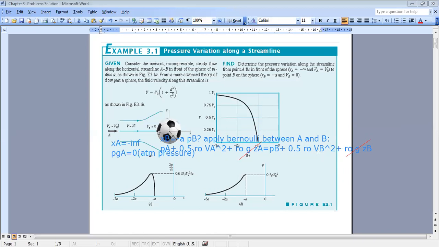Now I know that B is a stagnation point, so VB is 0, it will cancel out.